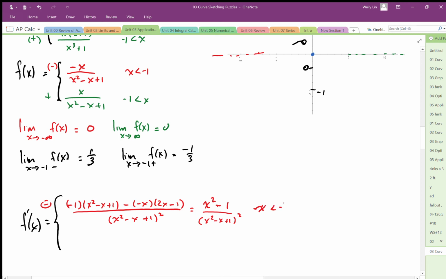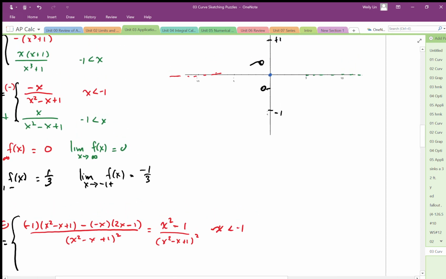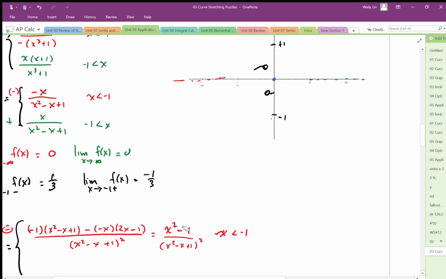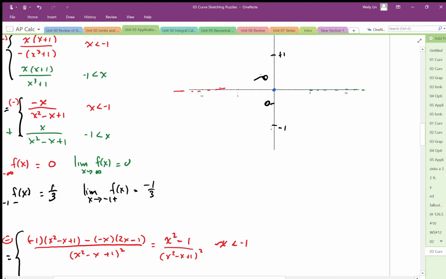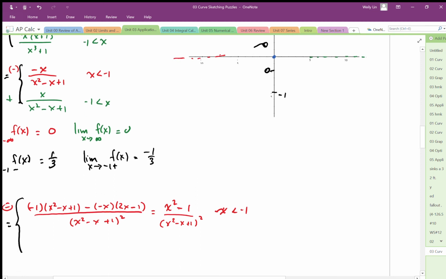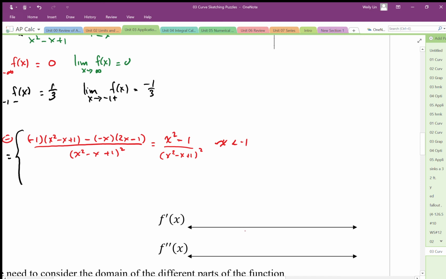So I can see that when x is less than negative 1, I have a critical point at negative 1, positive 1. But at negative 1, it's undefined. It looks like it's just going to go up to that like a maximum point. At negative 1 it's kind of undefined, but it looks like it's going up to that point.